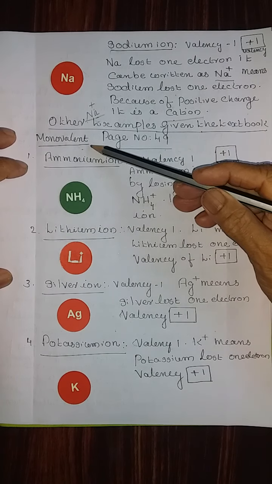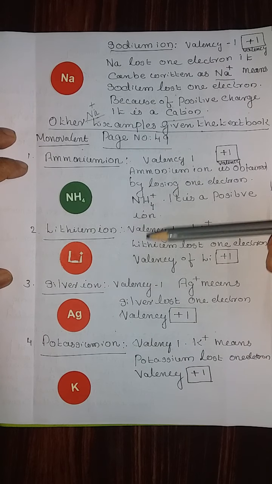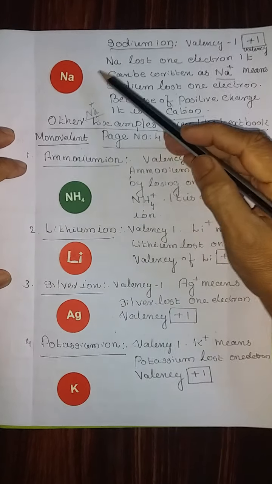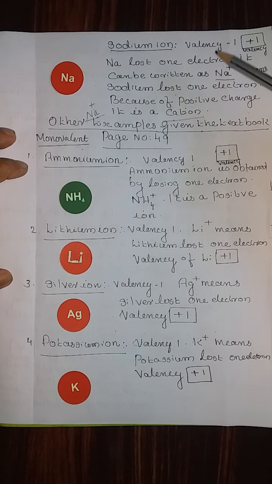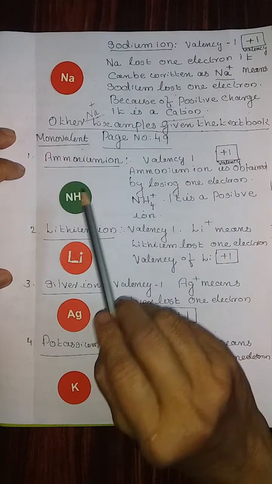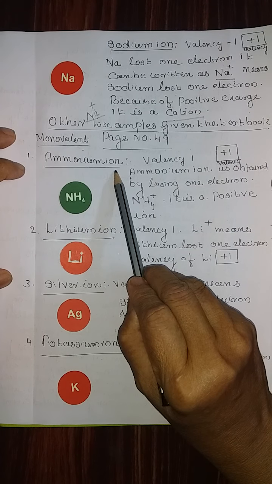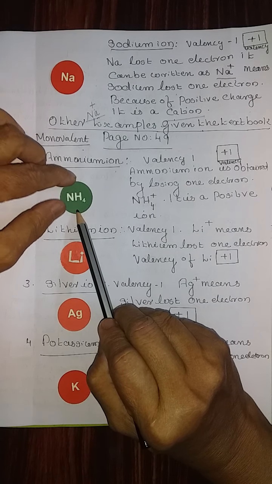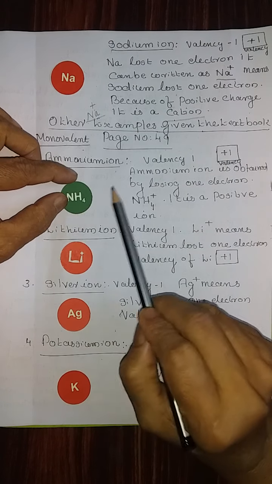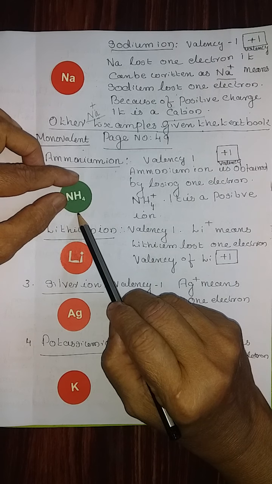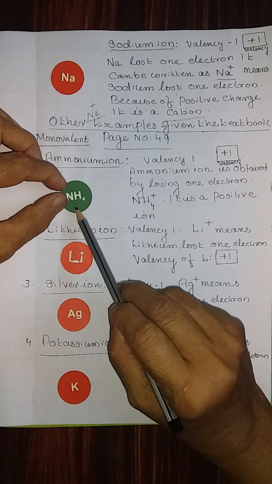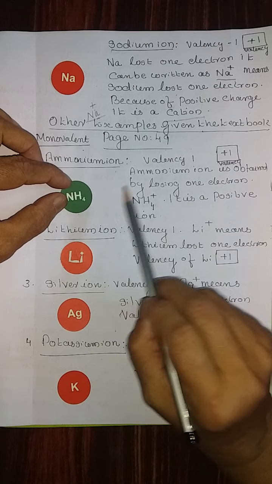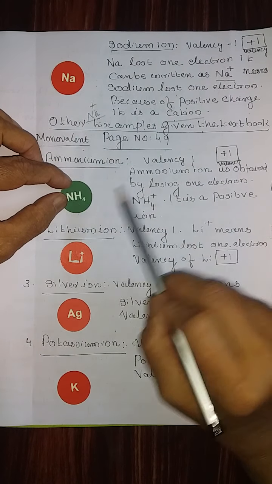First, monovalent basic radicals. In that, sodium and hydrogen we already explained. Next one is ammonium ion. Ammonium ion is made up of, actually you studied as a radical. In the 34 radicals, you studied NH4 radical and its valency is 1.